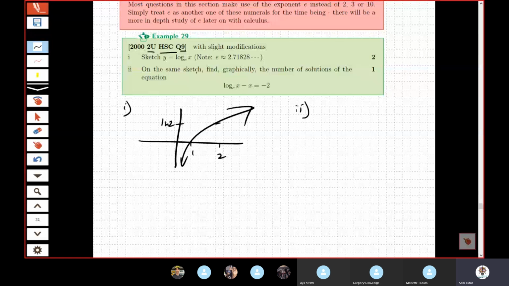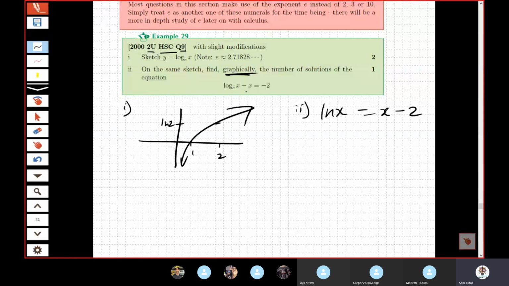Part two. On the same sketch, find graphically the number of solutions of the equation ln x minus x equals negative 2. In other words, we would have to rearrange this. When it's saying number of solutions, just how many times will they touch? And if you can work out how many times they touch, it usually tells you how many solutions you have.